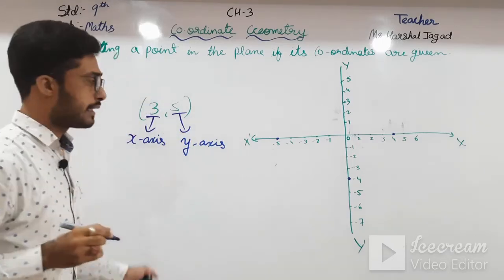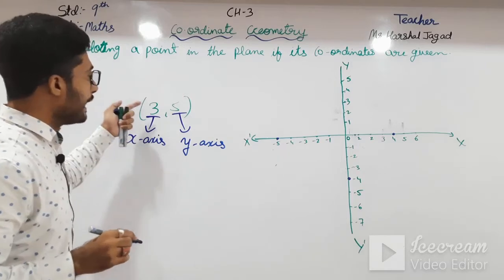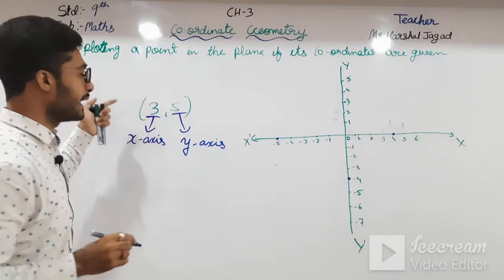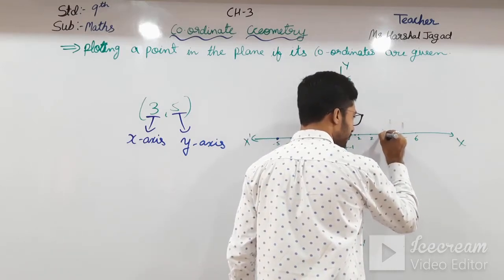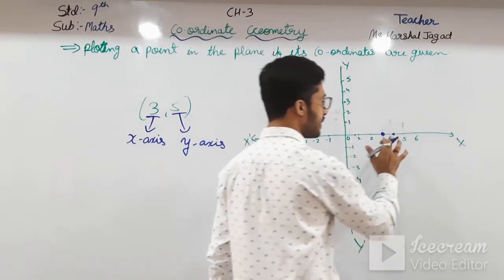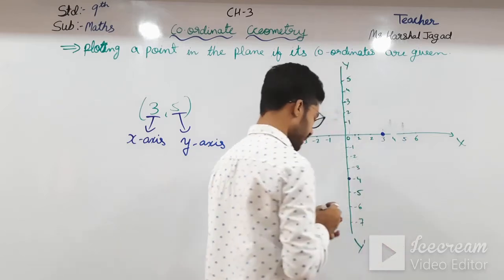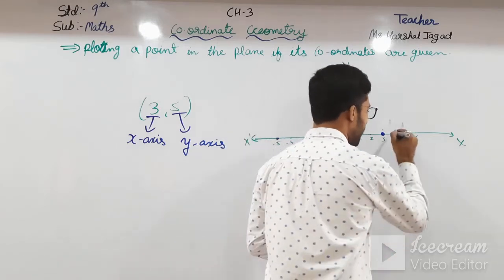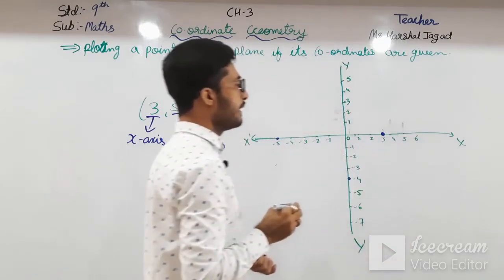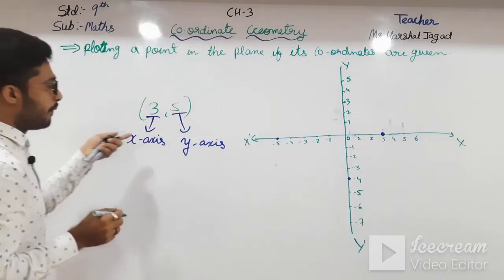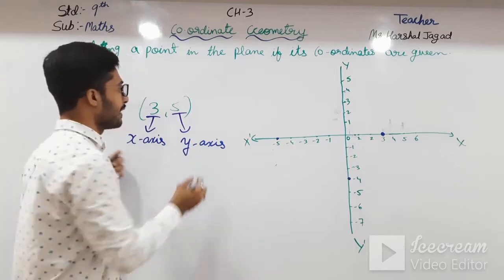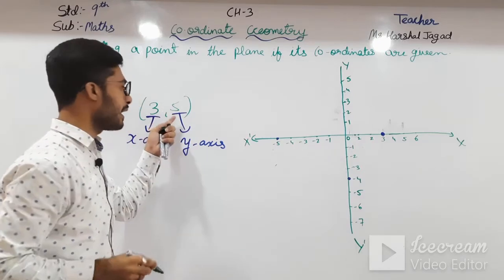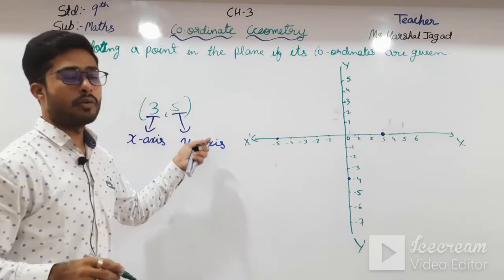We know that. So here 3, it is positive 3, so it will be over here. And this 5 will be on the positive y axis. Why? Because it is positive 5 and it is on the y axis.